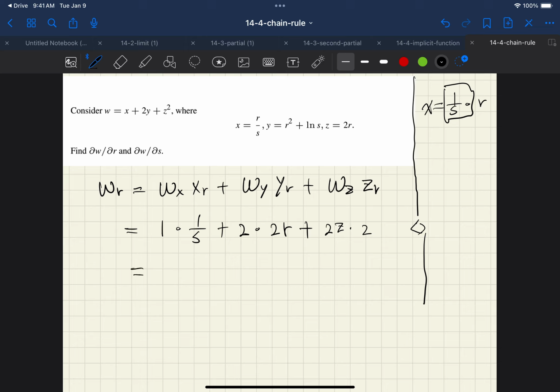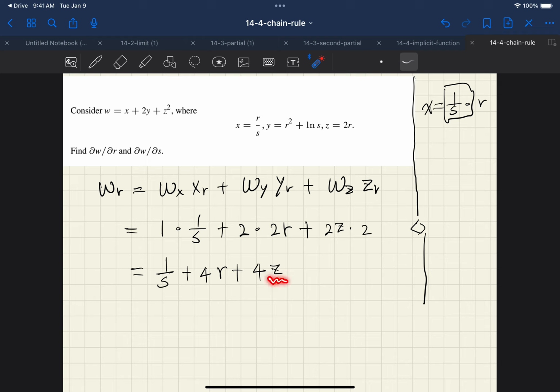Now, the answer is 1 over s plus 4r plus 4z. Let me first put this. And there's no target point or limit point to evaluate. So in that case, if possible, I'd like to write everything in terms of r and s.